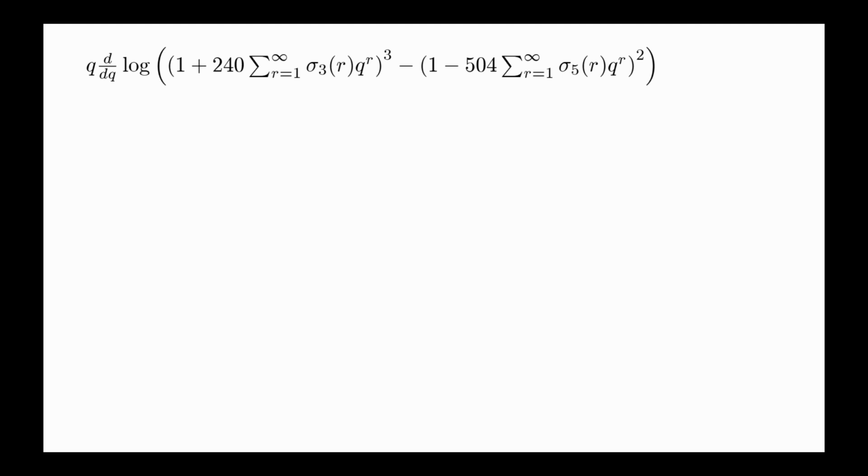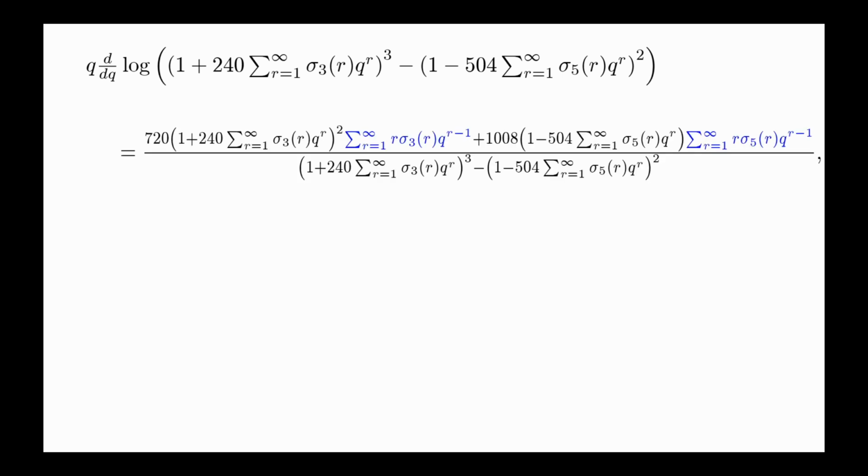It's extremely easy to justify the logarithmic differentiation, so we won't do this in the presentation, but if you differentiate the denominator logarithmically, by straightforward calculation, you get this expression, and the terms in blue can be replaced by the previous lemma.